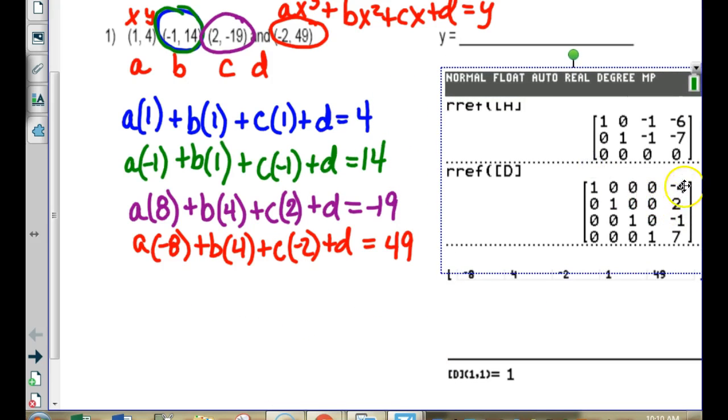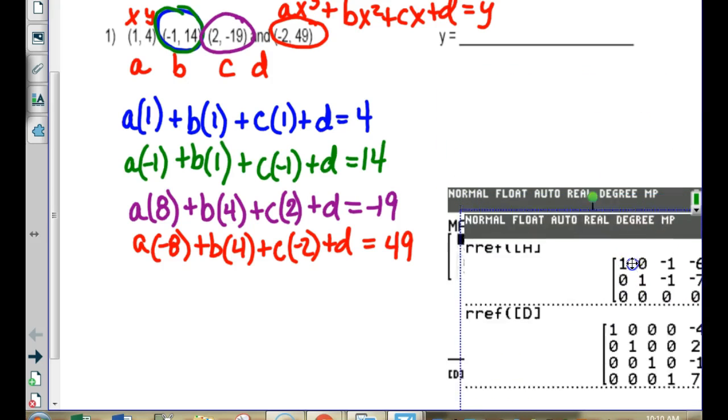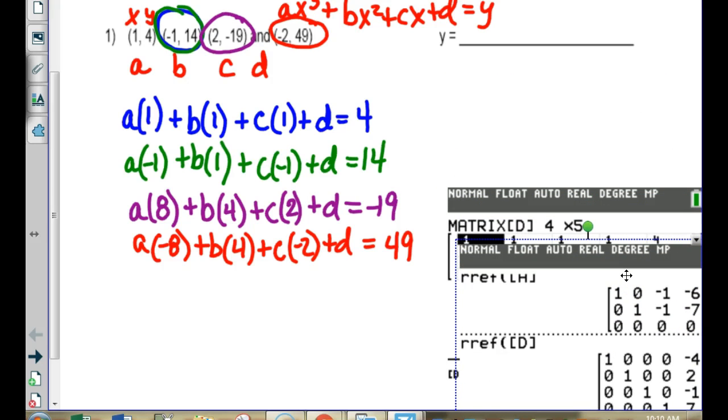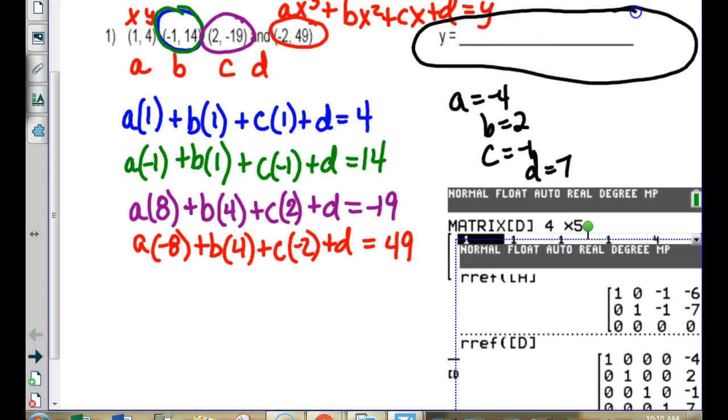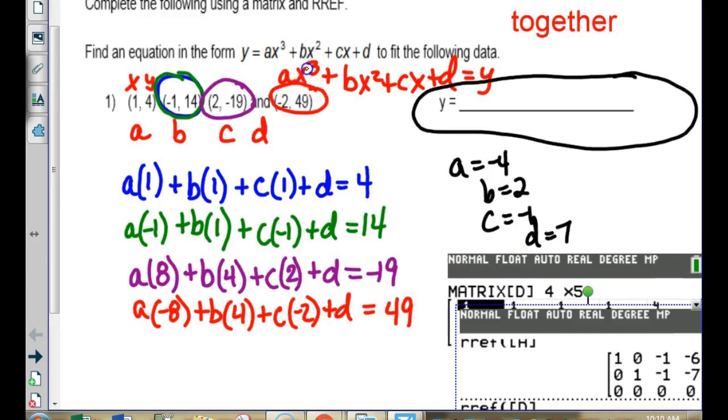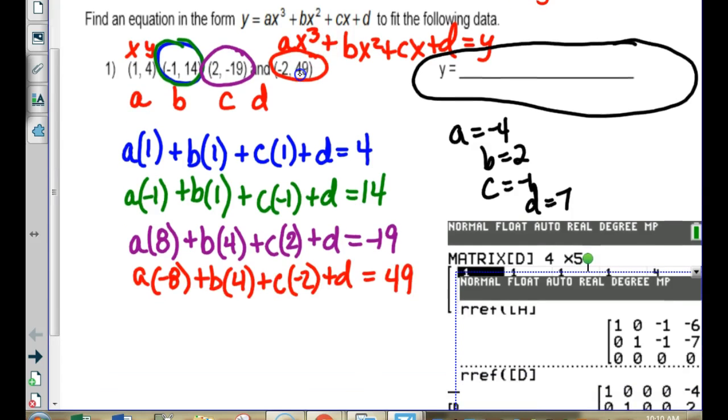All right, so you get -4, 2, -1, and 7. Is that what you got? Okay, so what are those standing for again, though, on this problem? A equals -4, B equals 2, C equals -1, and D equals 7. Did I get that right? No? Okay. So the equation that we just found is all of these points lie on, what was this equation of? A cubic?